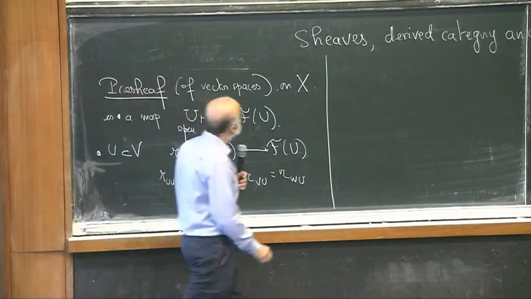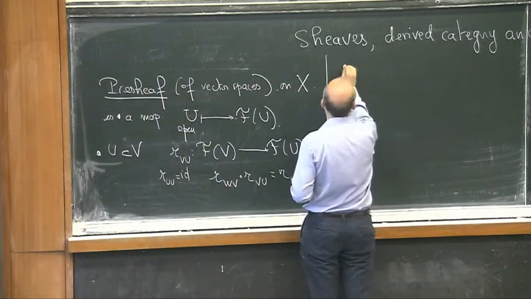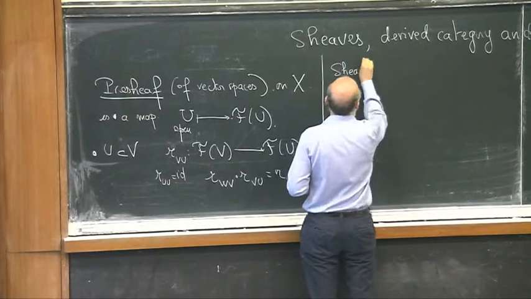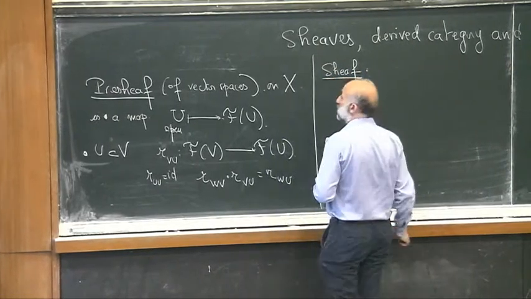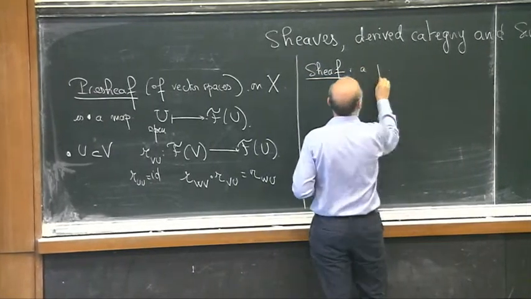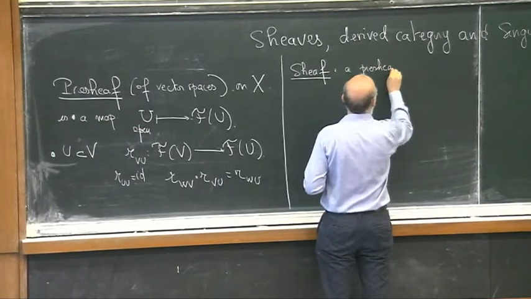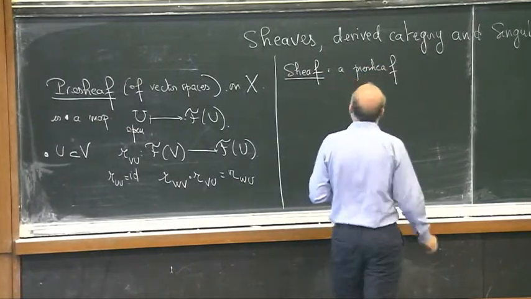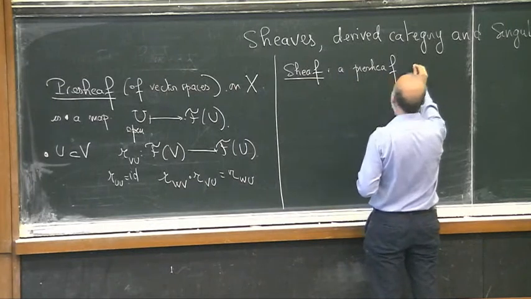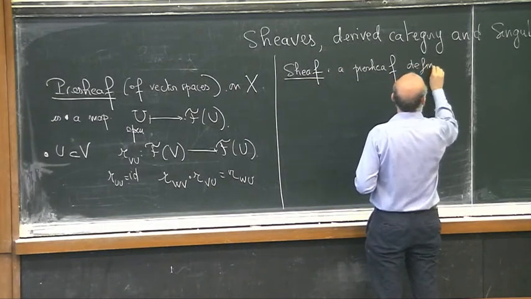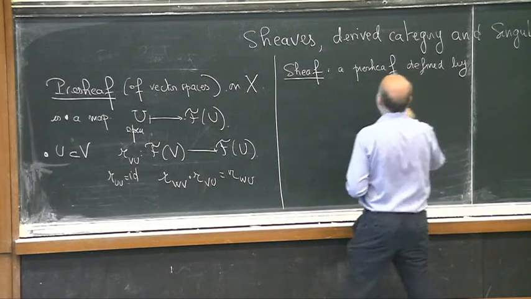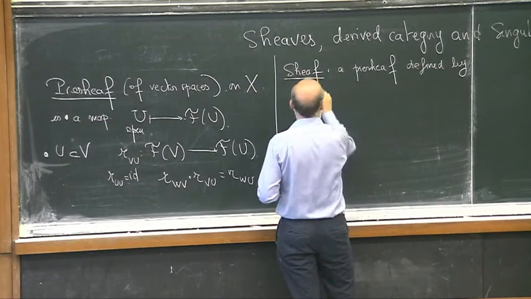And if there is the notion of pre-sheaf, there must be a notion of sheaf. So a sheaf means a pre-sheaf, and I will first give you a very vague definition, which is defined by local conditions.